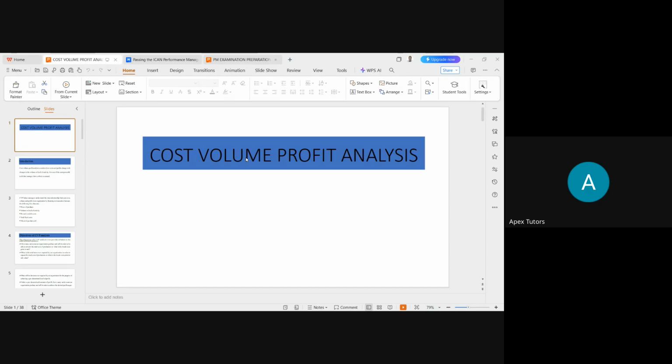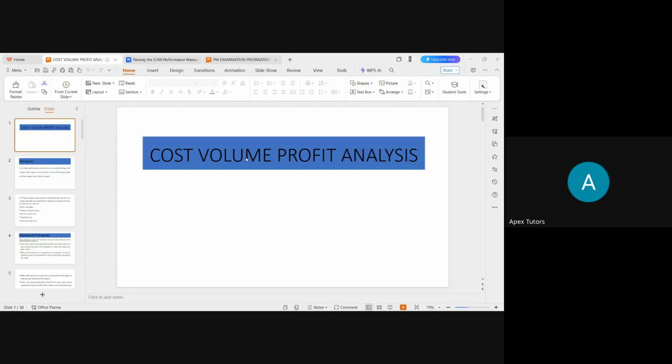is a measure used to see how changes in costs, sales volume, and price affect an organization's profit. So cost volume profit analysis is otherwise referred to as break-even analysis.